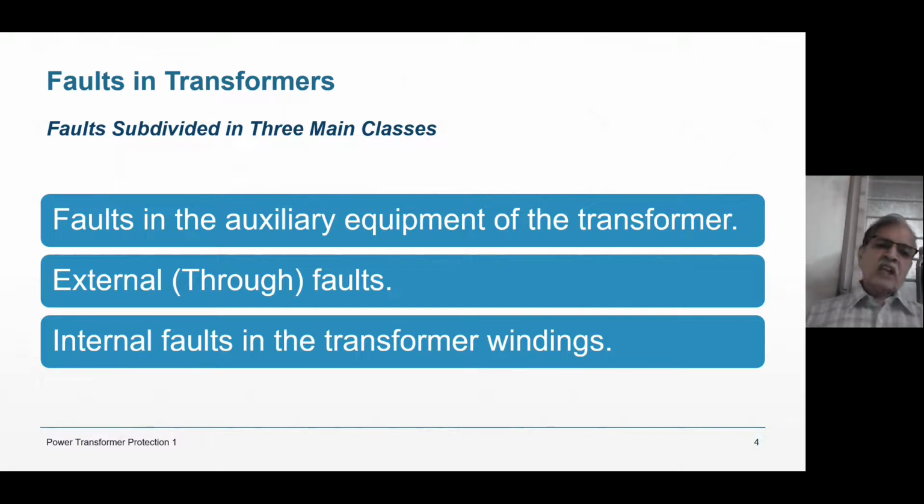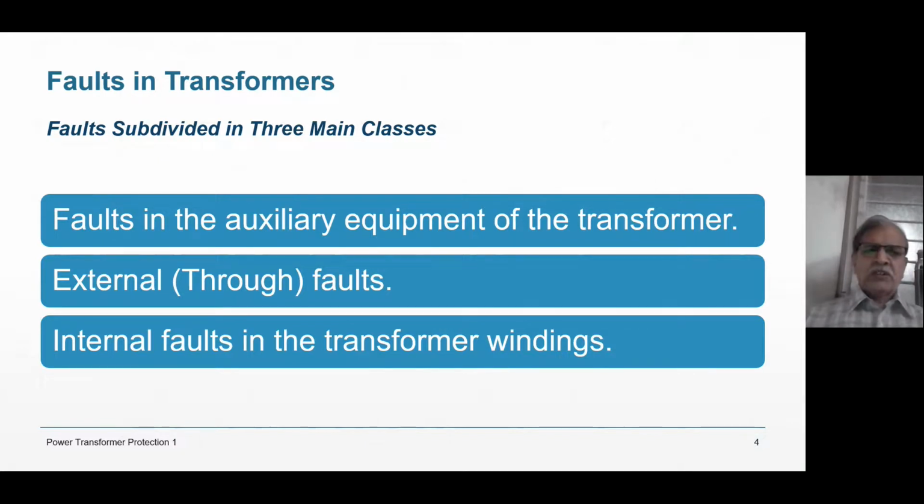And then you take out the oil, and then you take out the core winding assembly and search for the fault, rectify the fault. Then you put it back, and then you will have to refilter the oil. You have to send the oil to filtration plant and then fit the cover and bushings and everything.